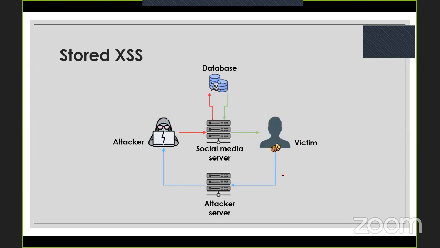So the stored cross-site scripting. It has the same way to detect the vulnerability as reflected, but the payload will be stored in the database. So this is an example animation of how it goes. The attacker just needs to find a vulnerability in the social media, for example inside the comment field.